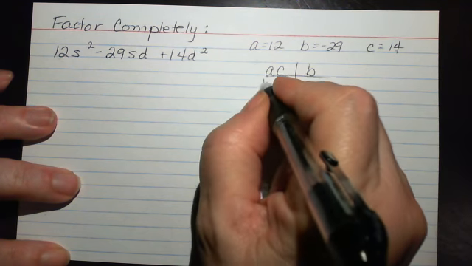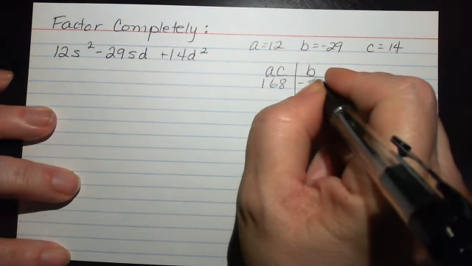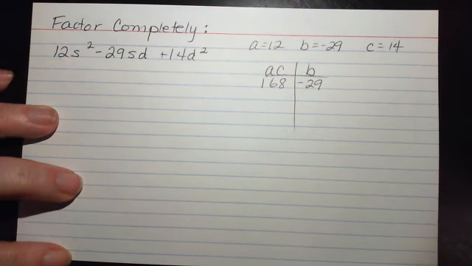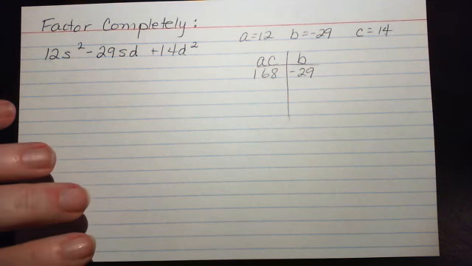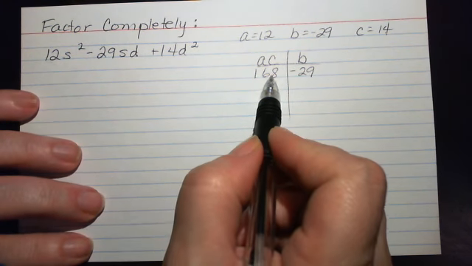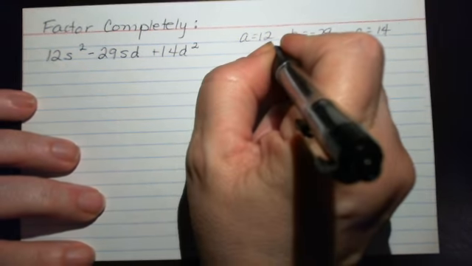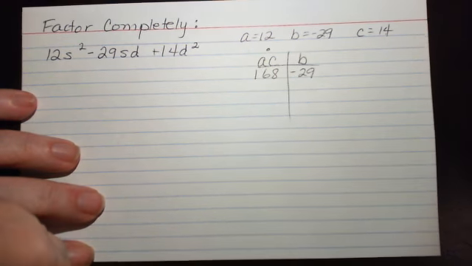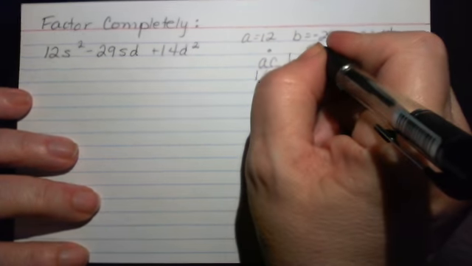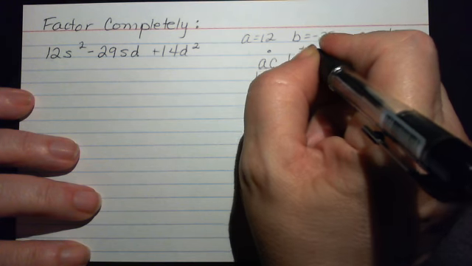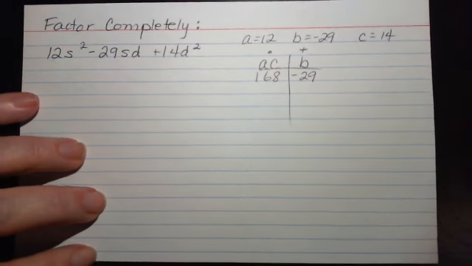Looks to me like 168. And B is negative 29. Now, we need a pair of factors that will multiply to 168, and the same pair needs to add to negative 29.